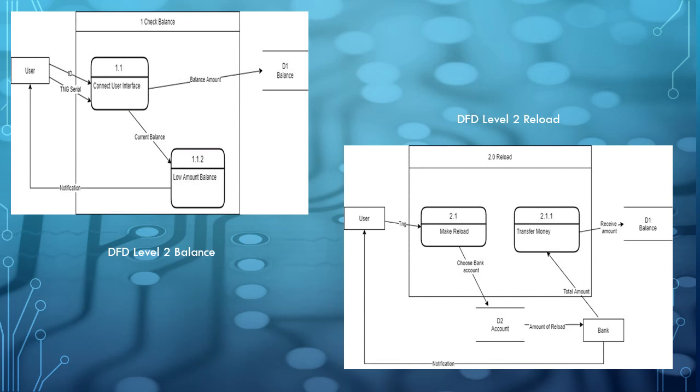For the DFD level 2 reload, we have another 2 processes about the reload: make reload and transfer money. The user makes a reload and then goes to the data store account. The data store account goes to the bank, and the bank transfers the money through the data store balance.